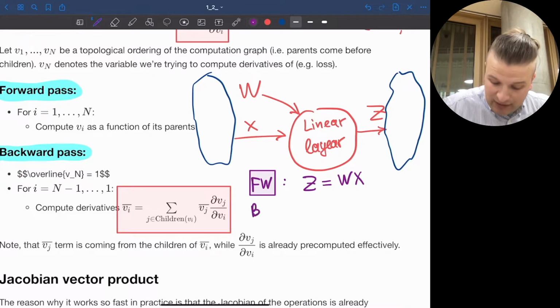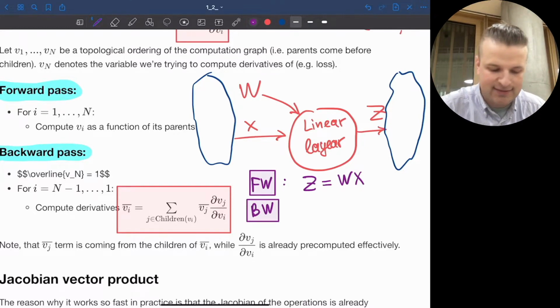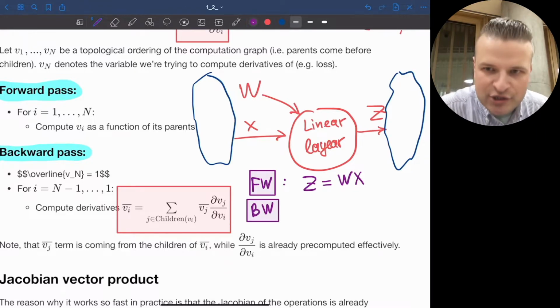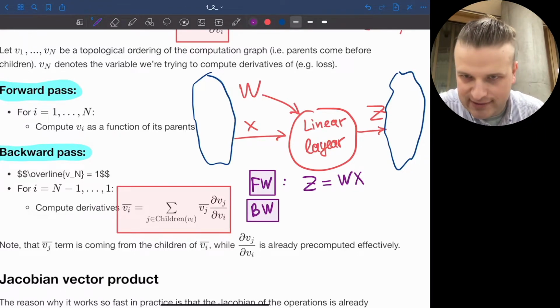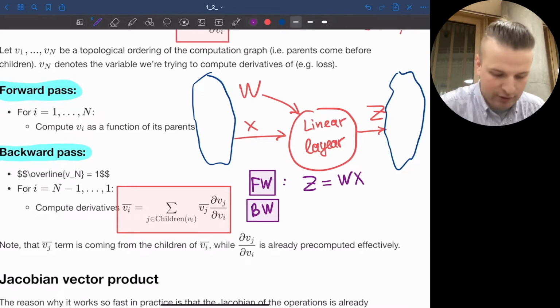What is the backward pass? Remember that our goal during the backward pass is to find a derivative of a loss function with respect to parameters here. And parameters here are W, the matrix W. They are stored in this matrix.